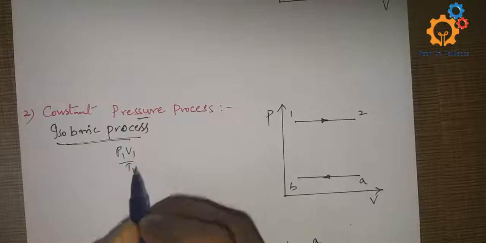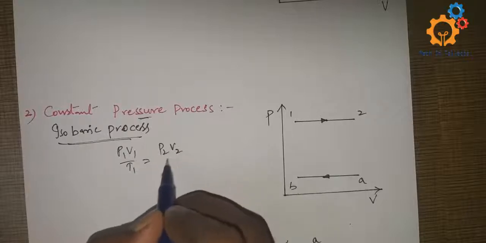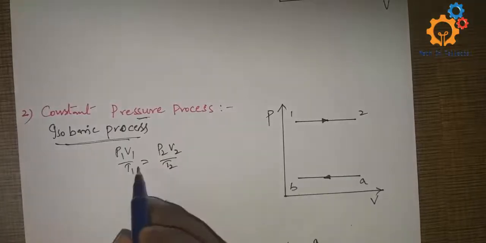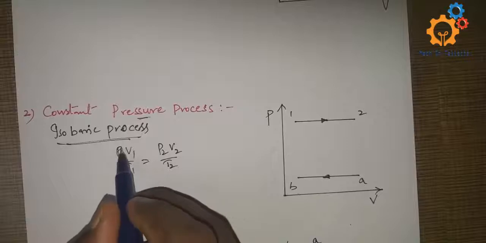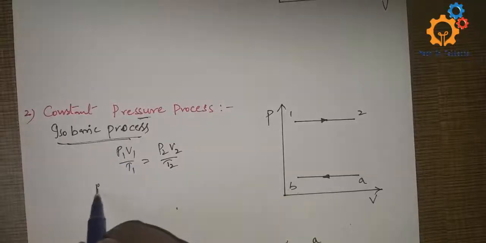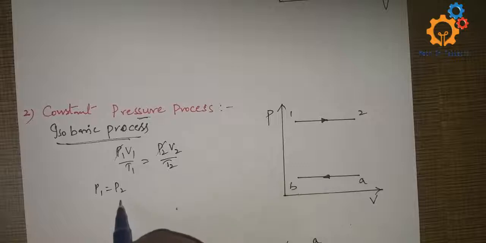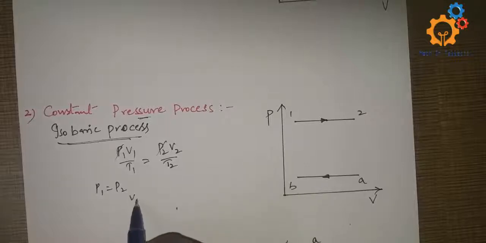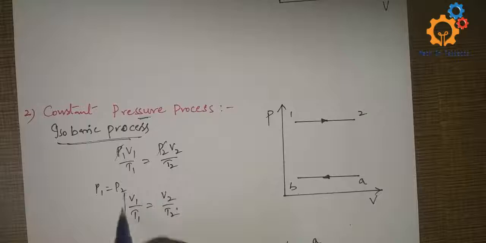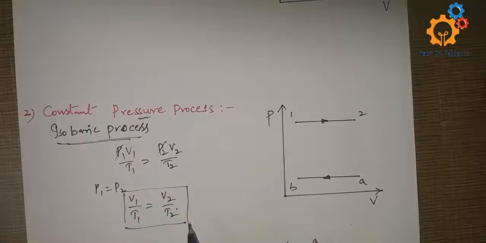P1 V1 by T1 is equal to P2 V2 by T2. Pressure is constant, so P1 is equal to P2, and P1 and P2 get cancelled. We are left with V1 by T1 is equal to V2 by T2. This is the equation for the constant pressure process.